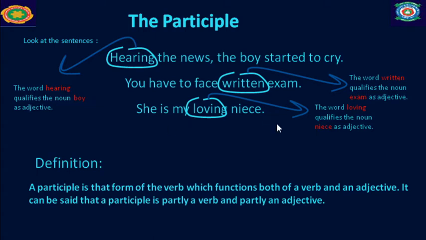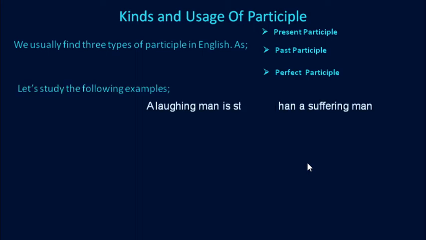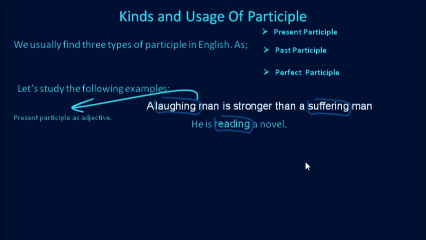So what is called participle? When any word or any form of verb functions both as a verb and an adjective, that's called participle. You can see the classification of participle. We can classify participle in three categories: present participle, past participle, and perfect participle.